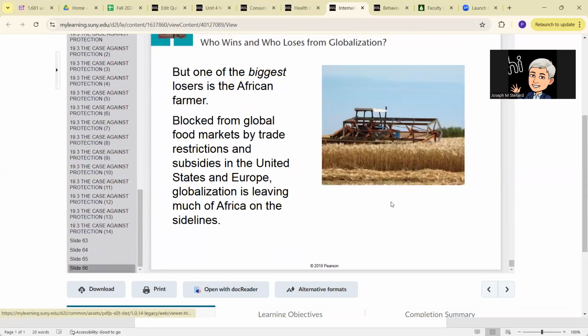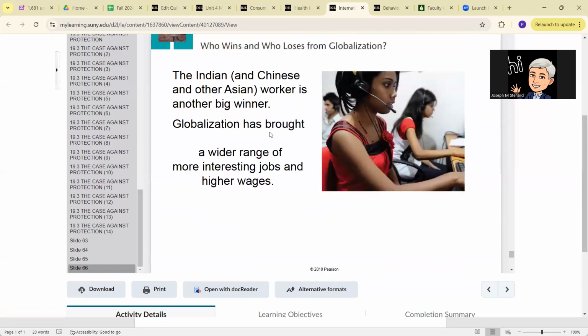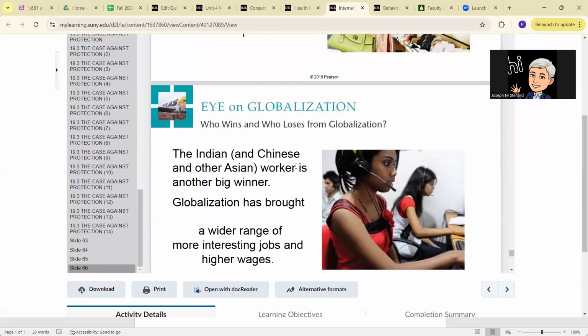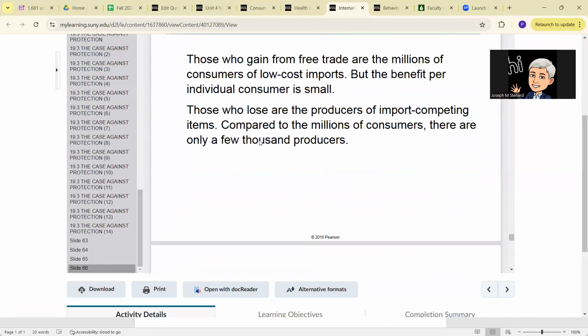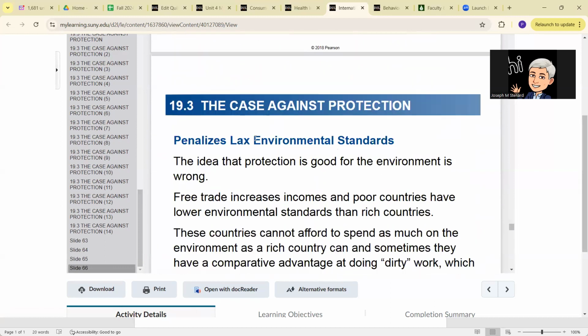You'll have to know words like quota and voluntary restrictions in order to answer some of the questions on this test. I think there's only about 7 questions on the test from this particular chapter, but you'll find it in there.